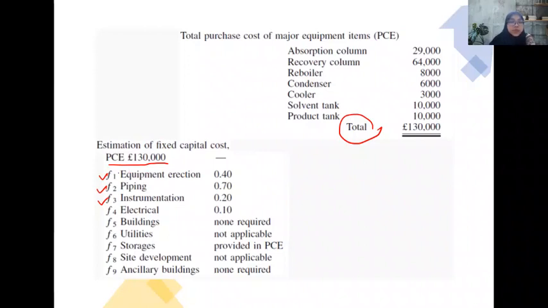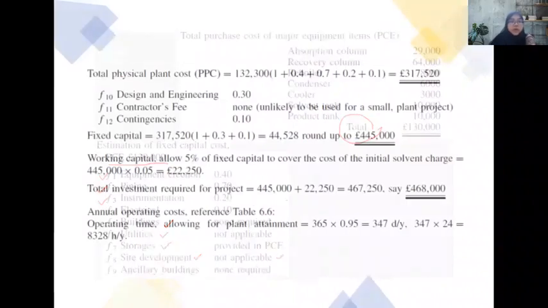So all the factors depend on the process plant. Example here, the building is not required, utility is not applicable, the storage is already provided in the major equipment, and the site development is not applicable, and also the other criteria. So it is based on your project.